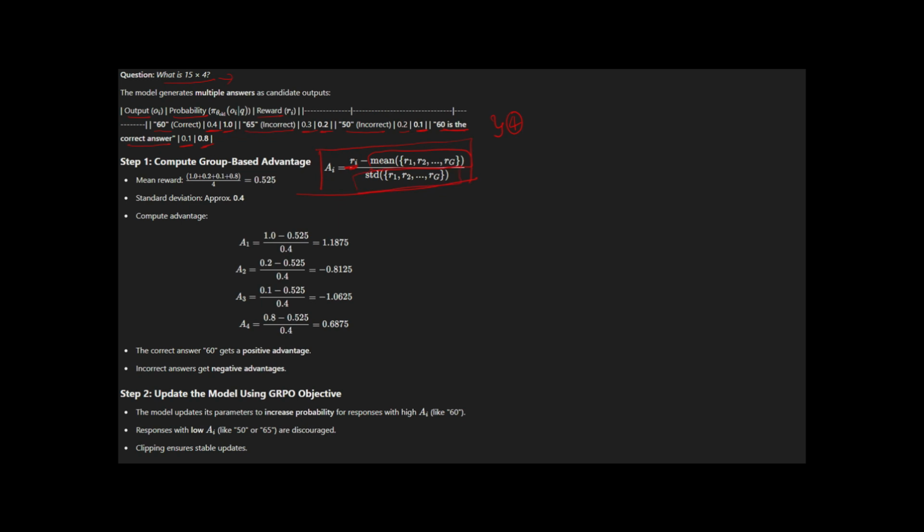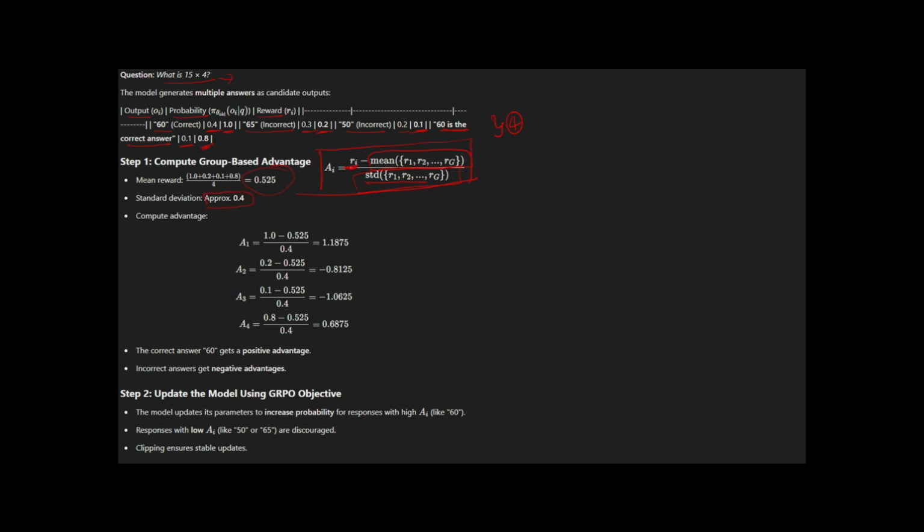For that, first let's calculate the mean reward. The mean reward is the sum of the rewards of all 4 outputs, 1.0, 0.2, 0.1 and 0.8, divided by 4, which is approximately 0.525. And we will calculate the standard deviation of all the outputs, which is approximately 0.4.